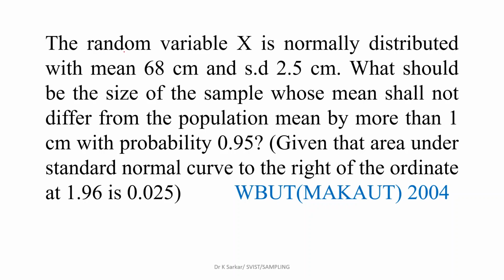In the question it is given that the random variable x is normally distributed with mean 68 cm and standard deviation 2.5 cm. X is normally distributed with mean 68 and standard deviation sigma as 2.5.